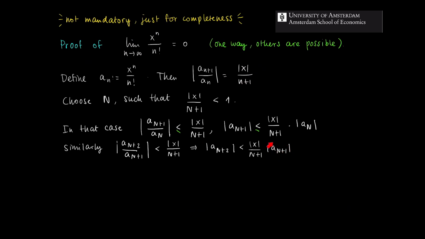But we've already seen that this one is smaller, you see it on the line here. This one is smaller than this fixed factor times the absolute value of a_N, right?